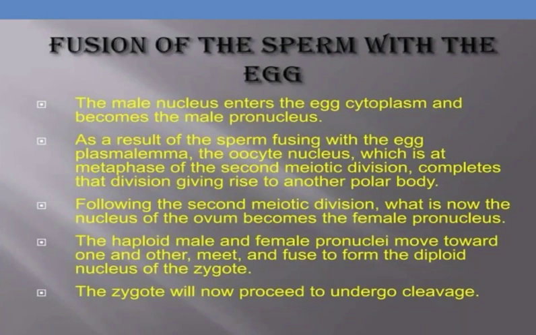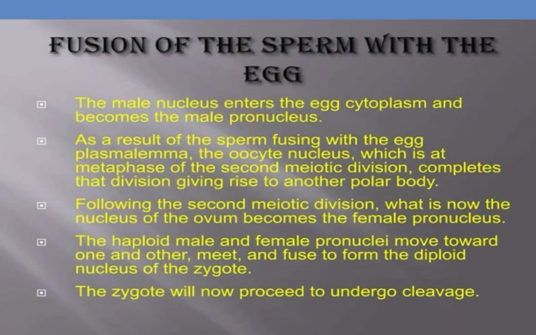As a result of the sperm fusing with the egg plasma membrane, the oocyte nucleus, which is at metaphase of the second meiotic division, completes that division, giving rise to another polar body. Following the second meiotic division, the nucleus of the ovum becomes the female pronucleus.